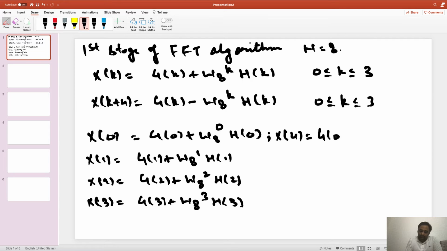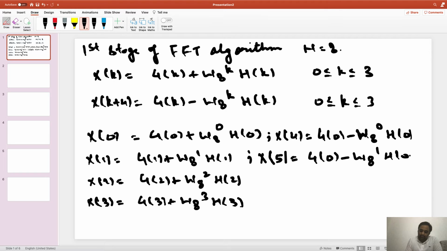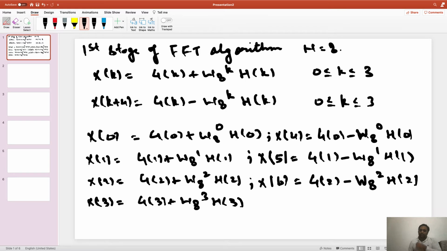X4 is G0 minus W8 to the power 0 H0, X5 is G1 minus W8 to the power 1 H1, sorry, X6 is G2 minus W8 to the power 2 H2, and X7 will be G3 minus W8 to the power 3 H3.